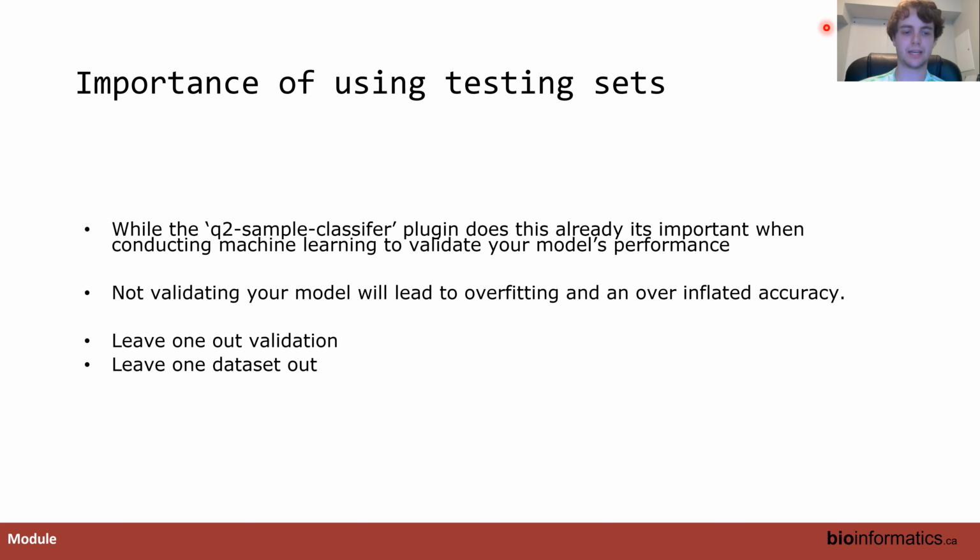And there's also leave-one-data-set-out analysis, which is very similar. And it's actually what the Thomas et al. paper used, where you'd have a cohort of interest and you train on all the samples in that cohort, and then you test your model on a different cohort that the trained model had never seen before.